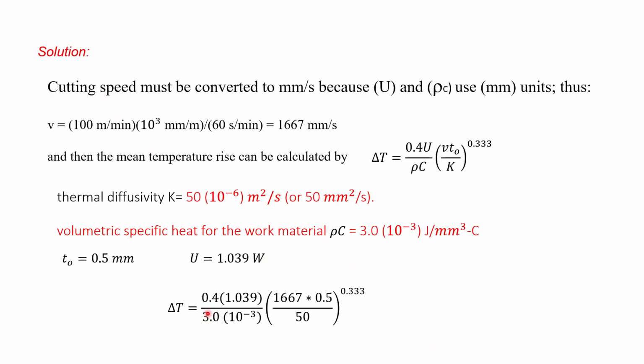So now we put everything in the equation, and we end up with the rise in the temperature being 353 degrees centigrade. Okay, thank you very much, and we're going to continue the rest of the questions as soon as we can.